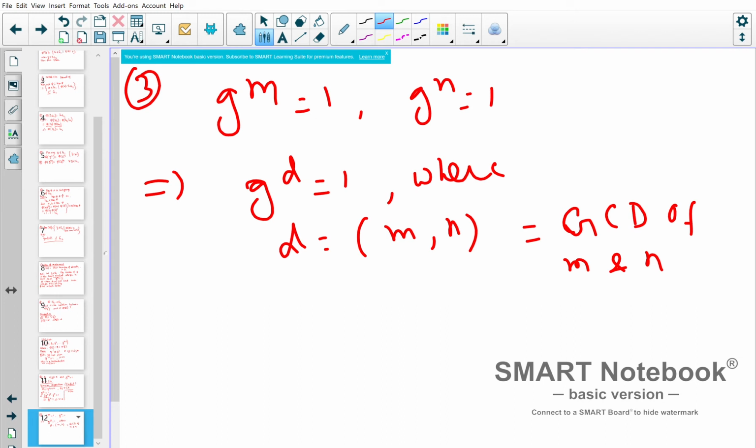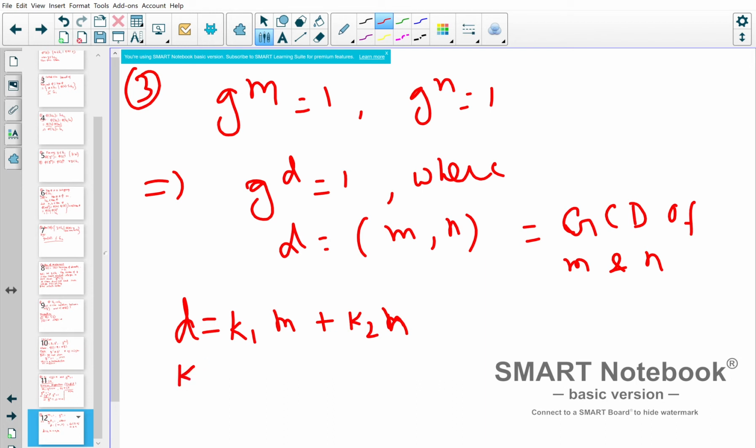And again, the proof is simple. You just need to use the fact that d can be written as an integer linear combination of m and n. Okay, and this fact you already know; I hope you know how to prove this kind of fact. If you don't know, then maybe we will prove it in the live session, on demand.